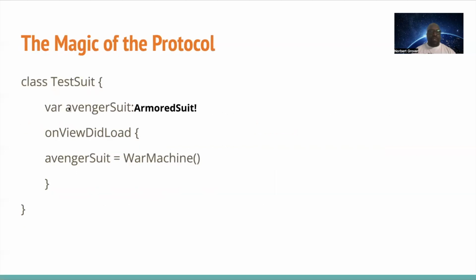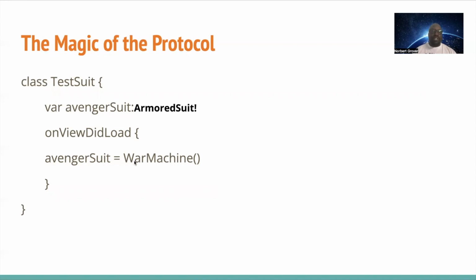So when I implement this, I create a variable that's going to be a War Machine, but I make it armored suit when I declare it here. But when it's instantiated, that's when I say War Machine. But I could swap this out.